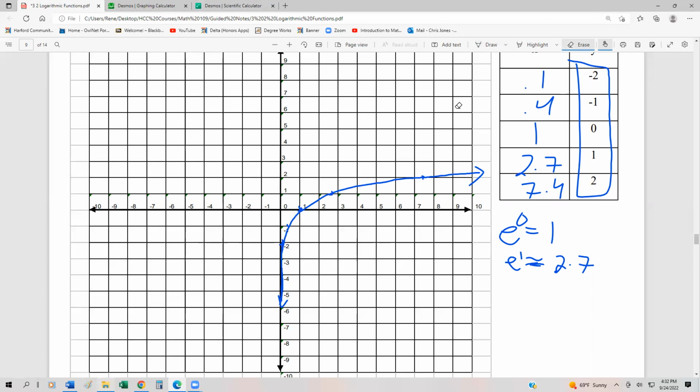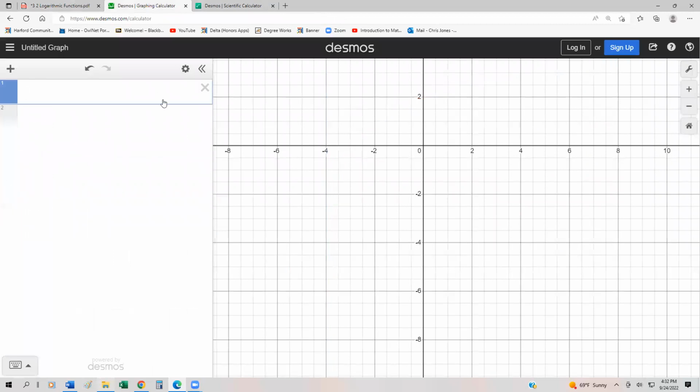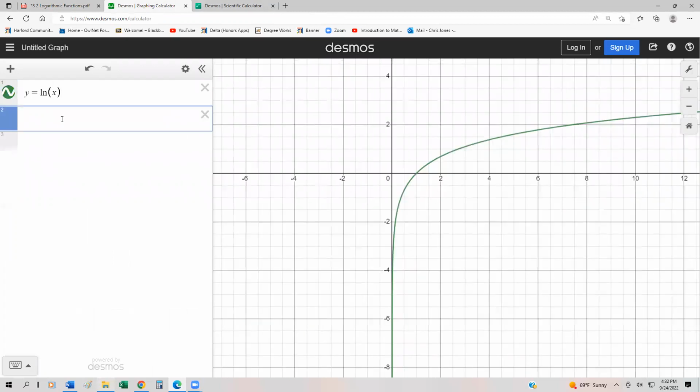Now let's see what the graph actually looks like in our graphing calculator. If we graph y equals ln of x, remember we had a couple of points to verify this. We had 1 comma 0.